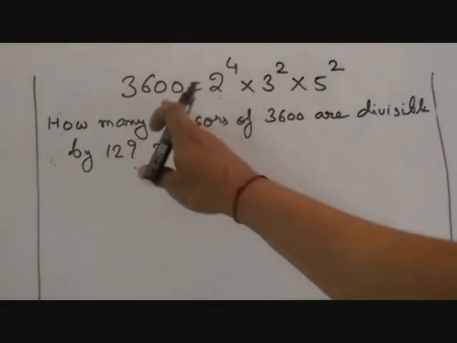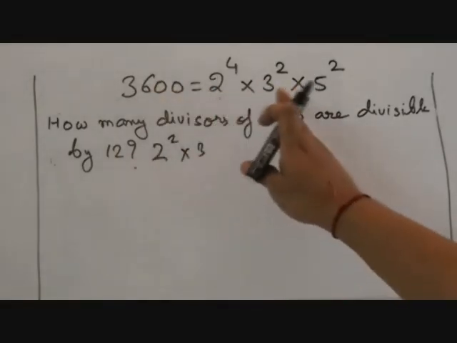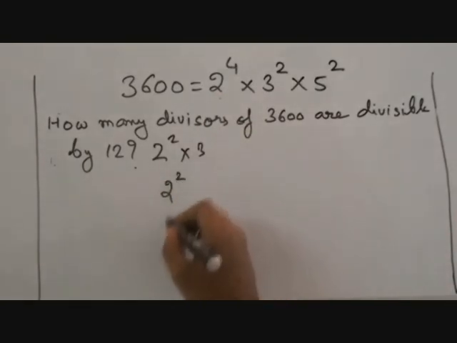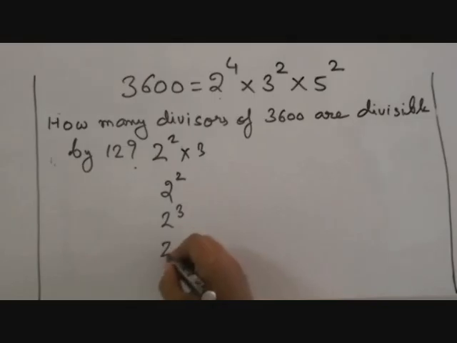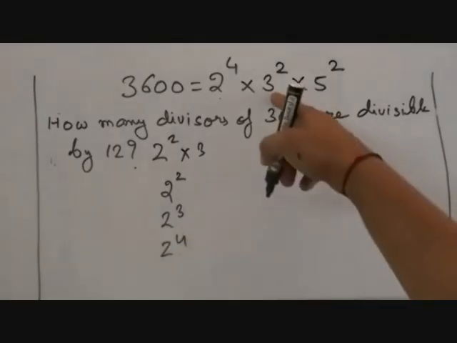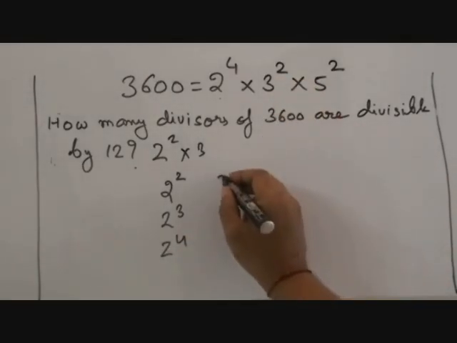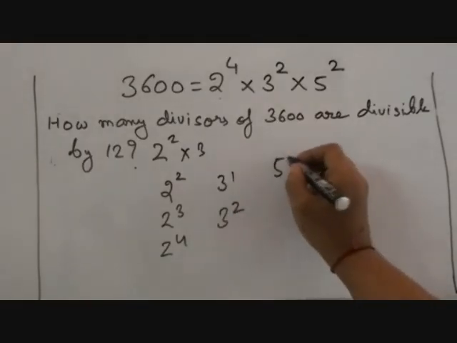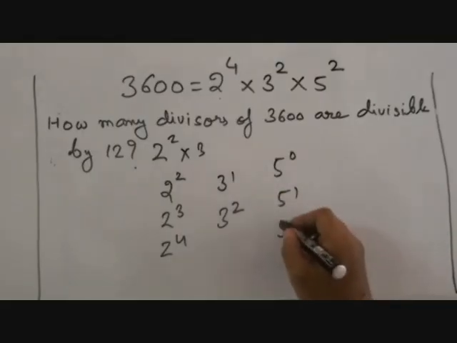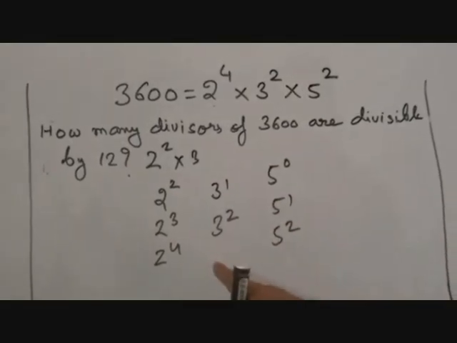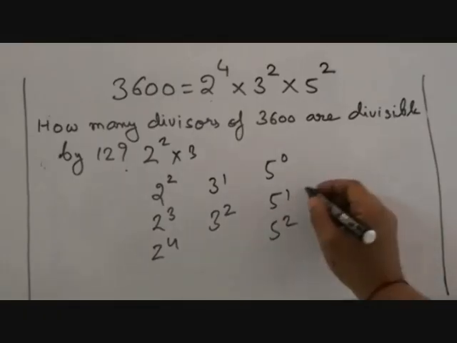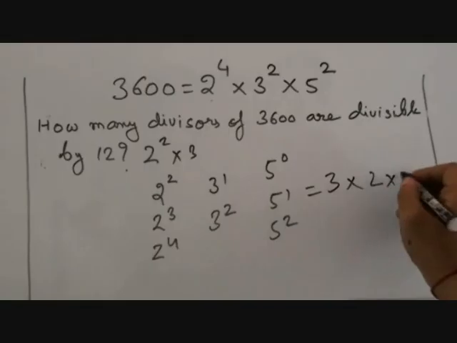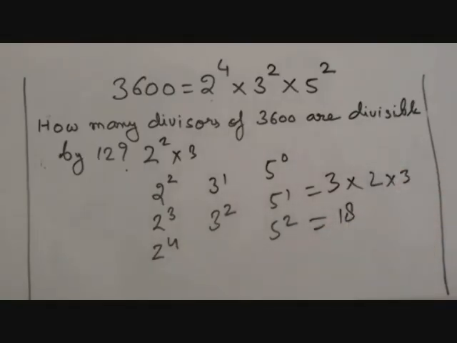So, out of the divisors of 3600, the powers of 2 that we can take now are 2 squared, 2 cubed, and 2 raised to 4. Powers of 3 that we can take are 3 raised to 1 and 3 squared. Powers of 5 we can take are 5 raised to 0, 5 raised to 1, 5 squared. So the total number of divisors which are divisible by 12 is 3 into 2 into 3, or 18 divisors in total.